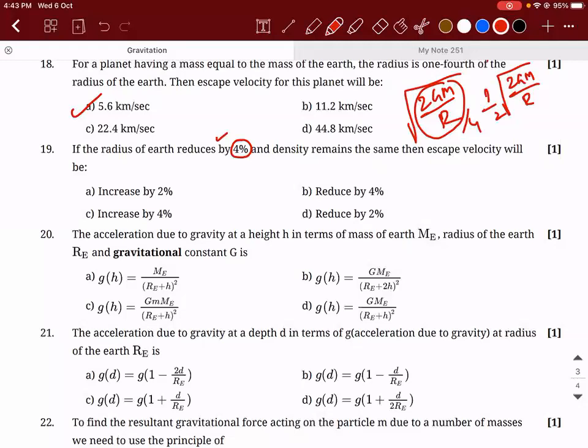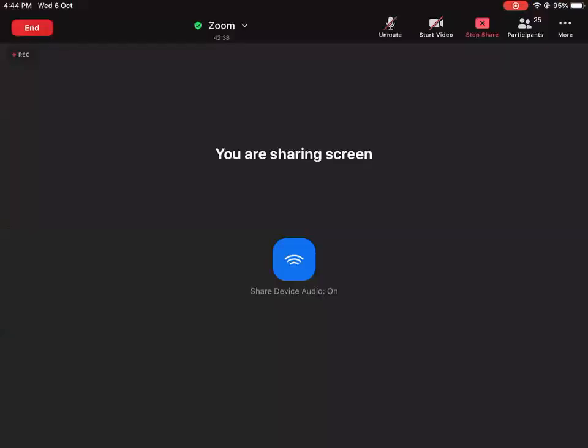If the radius of the Earth reduces by 4%, and the density remains the same, then the escape velocity will be? Sir, I'm not sure.